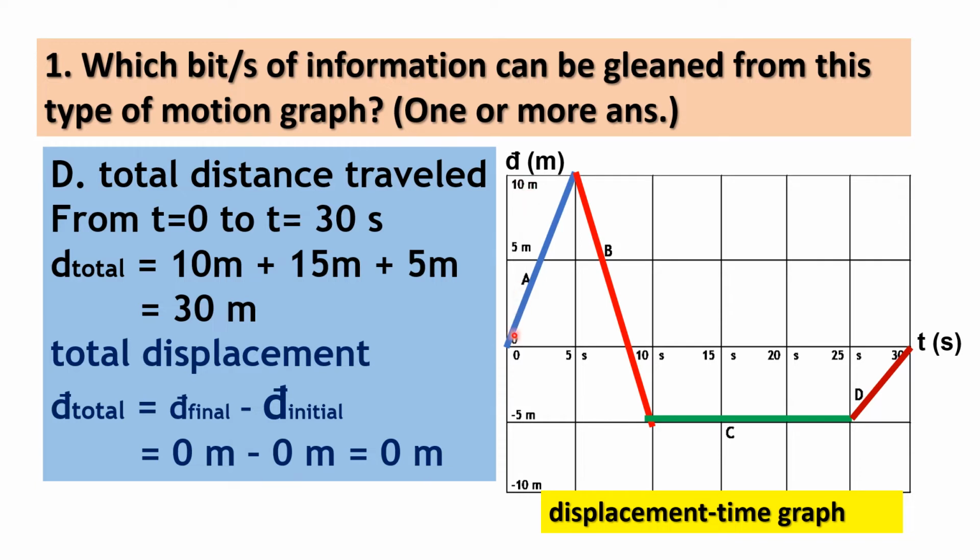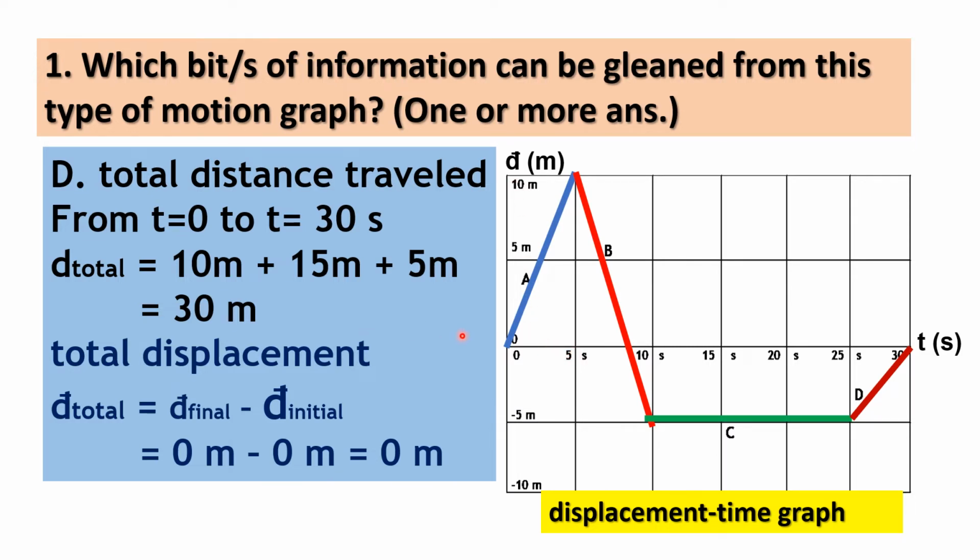From 0 to 5, how far is the body from the origin? The answer is 10 meters. So if you're talking about distance, it answers the question how far. 10 meters is the distance traveled at the end of 5 seconds.